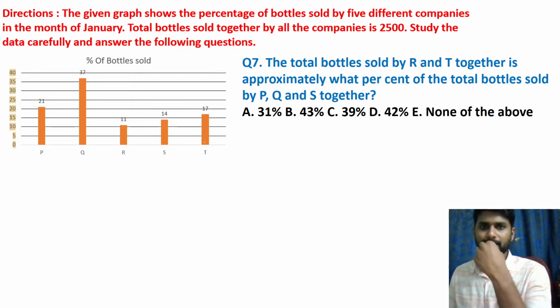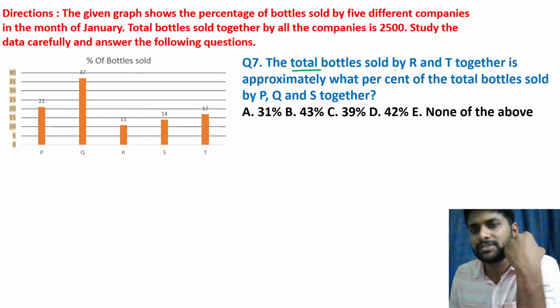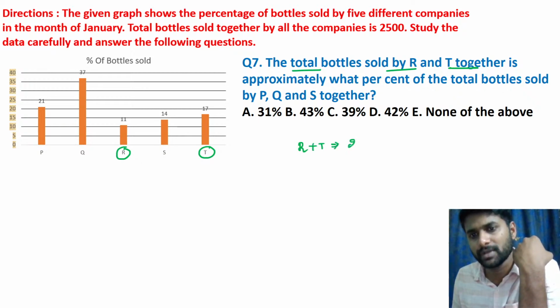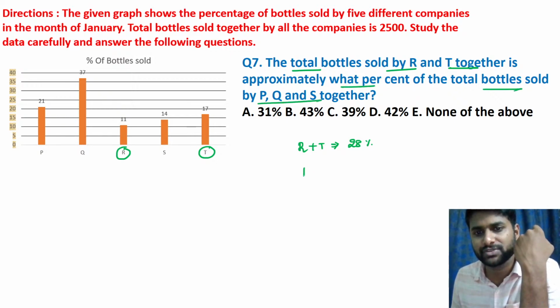The next question. The total bottles sold by R and T together, R plus T, is exactly equal to 28%. It is approximately what percentage of total bottles sold by P, Q, S together?